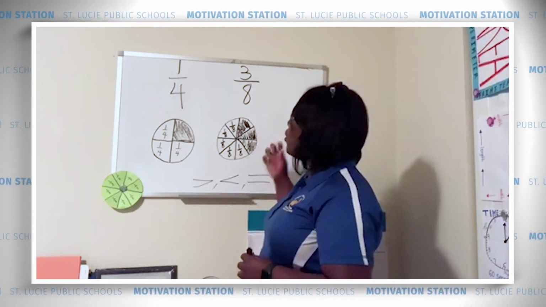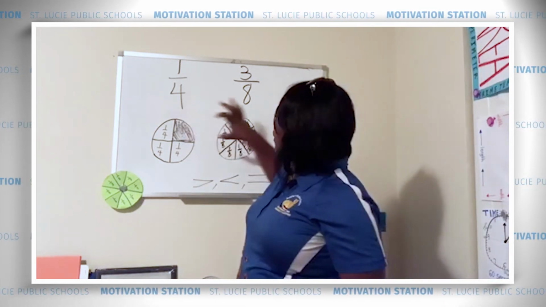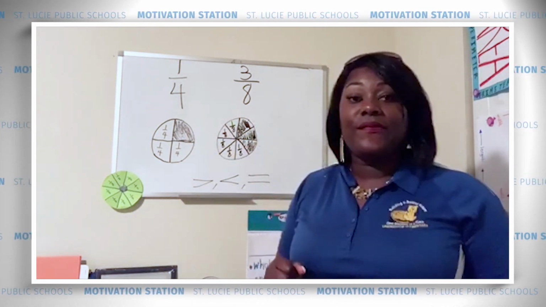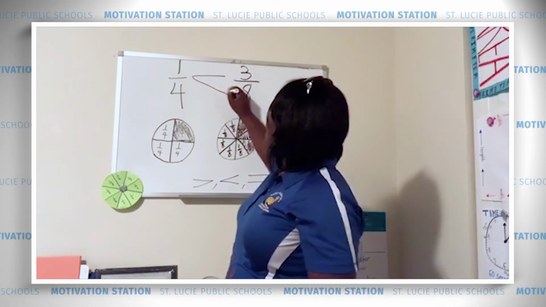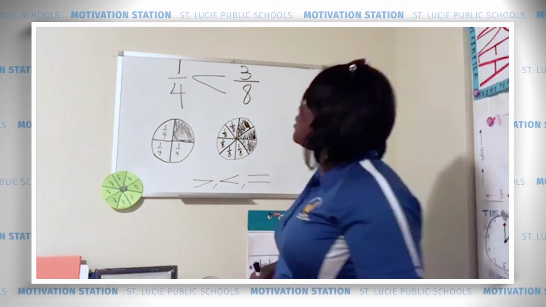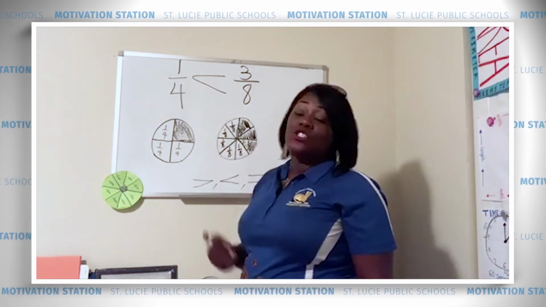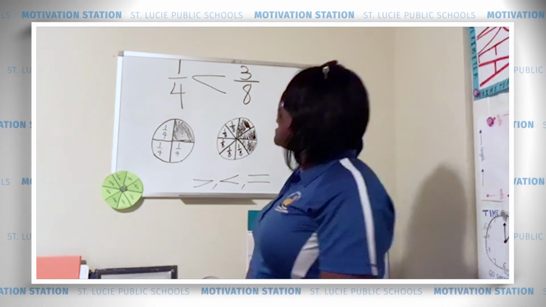Which has more of the whole shaded? The 1/4 or the 3/8? The 3/8. So the gator's mouth is open to the 3/8. Good job. He wants to eat it. And his back is turned to 1/4 because he knows that it is less than the 3/8.